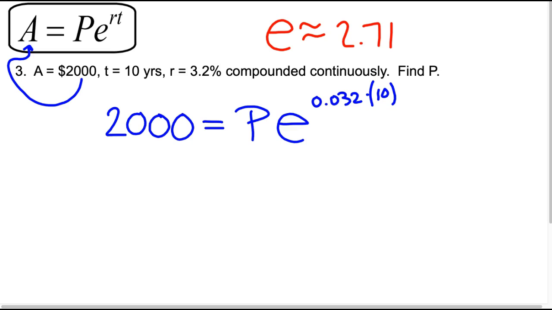So the thing is here that this e to the whatever power, this is just a number. That's a numeric value right there. That's like some number times P. So how do you get rid of something times a number? What do you do if it's times a number? Divide. Good. So we have to take both sides and divide by e to the 0.032 times 10 power.